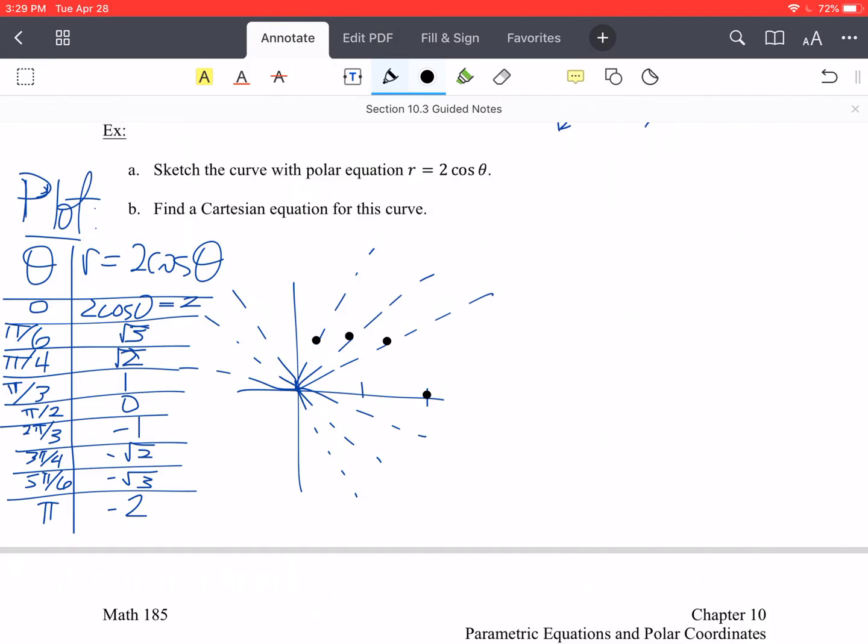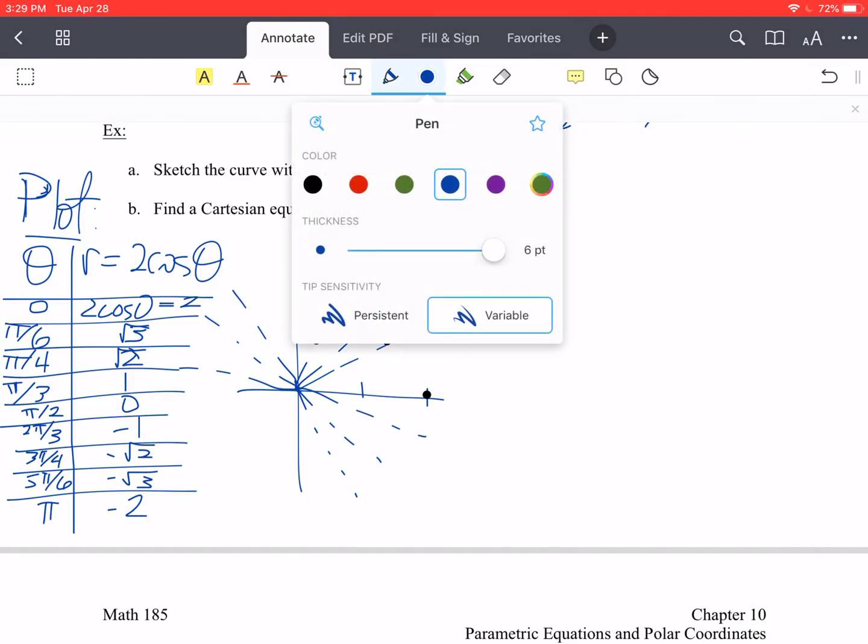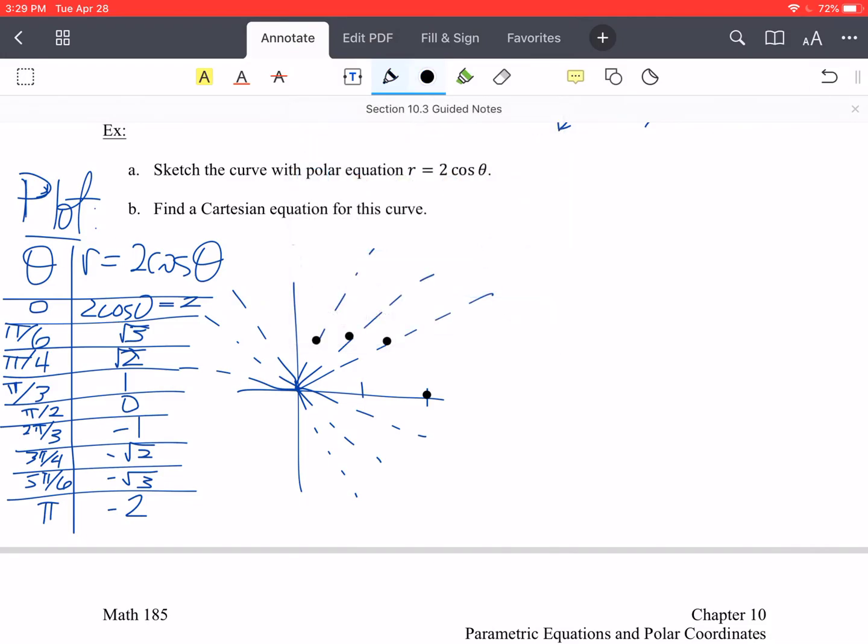Pi over 2, 0: the angle pi over 2 is this one up here, but its radius value is 0, so that's going to be all the way back down here at the origin.